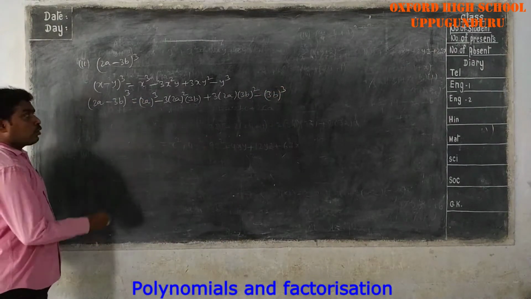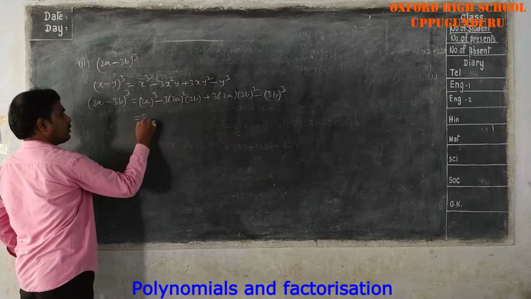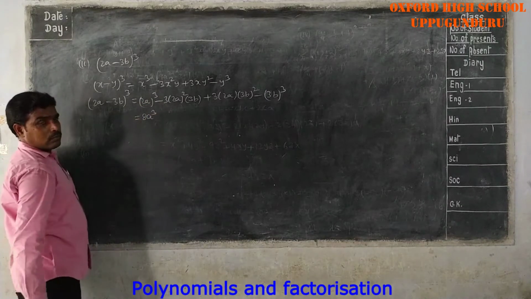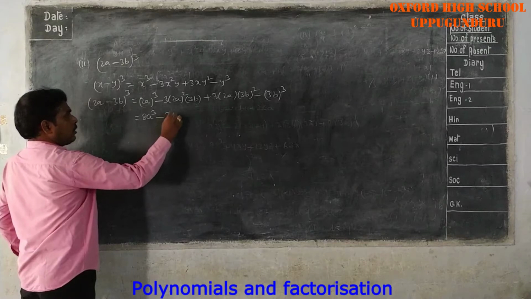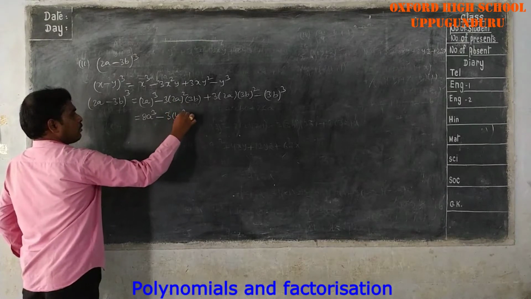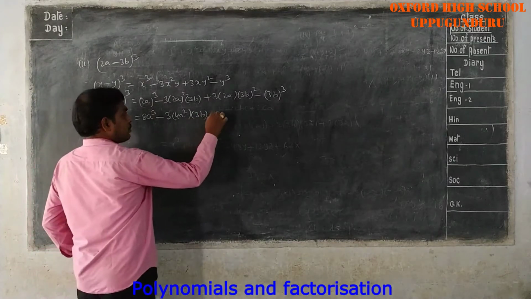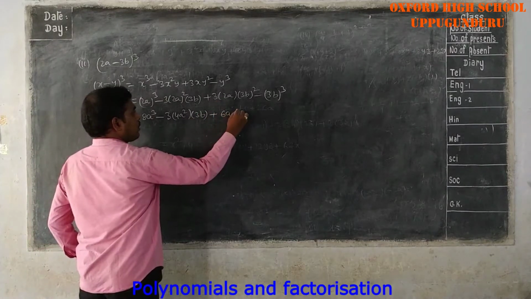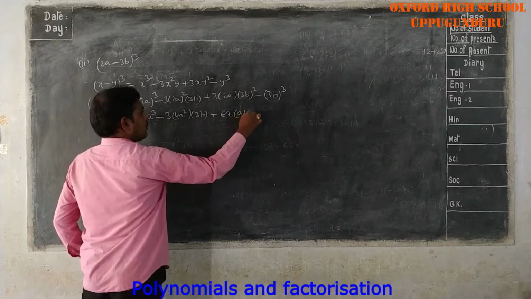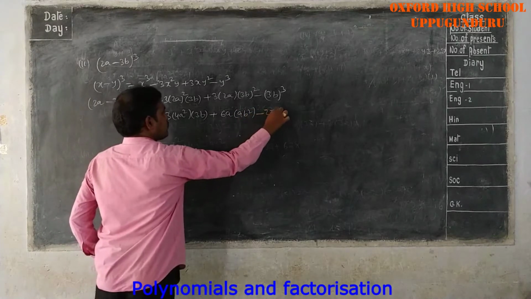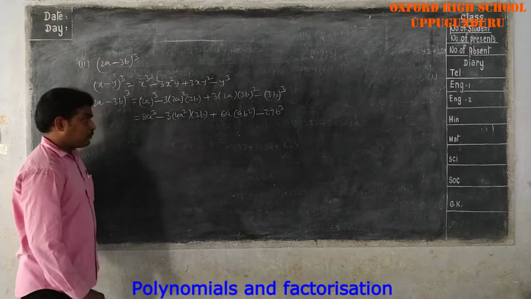Now 2a whole cube, 2 cube is 8, so 8a cube, minus 3 of 2a whole square, 4a square, of 3b, plus 3, 2, 6a, of 3b whole square, which is 9b square, minus 27b cube.